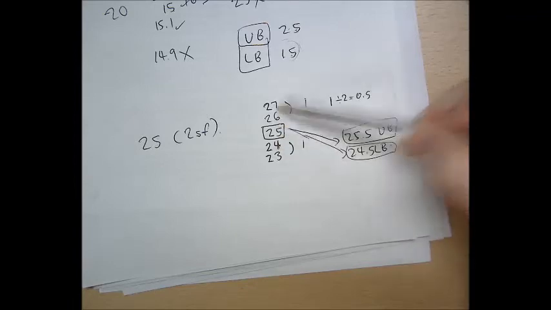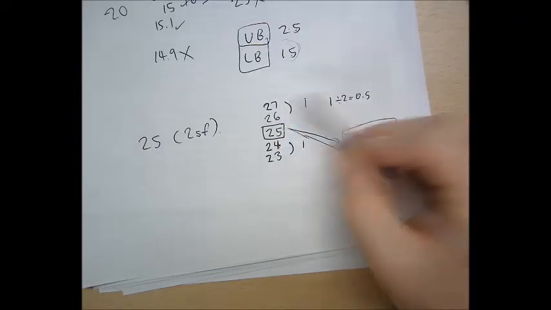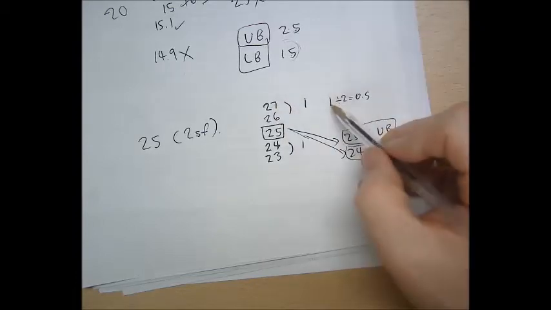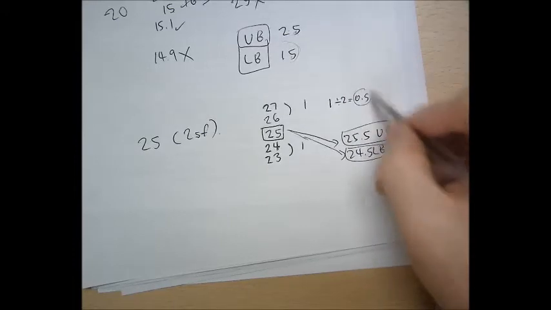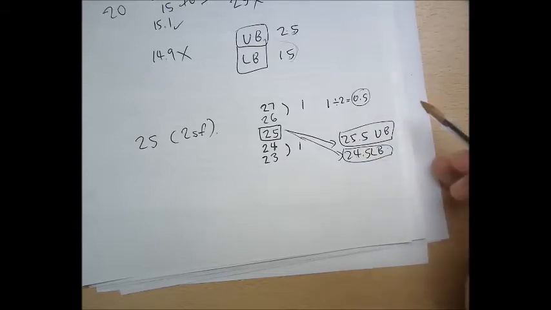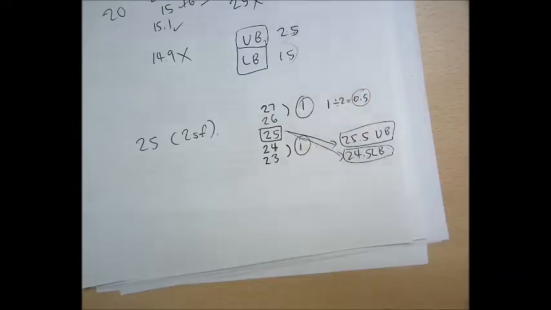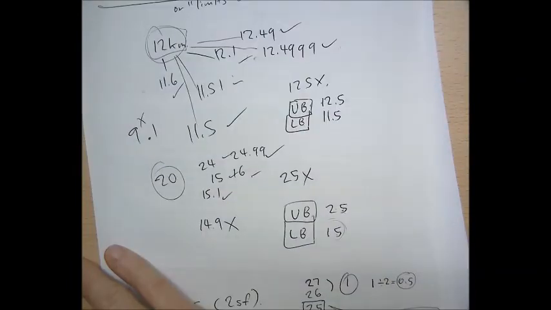When you've got them, subtract any 2 of them, as I've done here. 27 take away 26 is 1. Divide that by 2, and then when you've got that, add it on to the central real figure, take it off from the central real figure, and they're your upper bounds and your lower bounds. Basically what this procedure does is it just helps you think about what the unit of measurement must be. Up here it was probably pretty clear that the unit of measurement was 10 kilometres. Up here the unit of measurement was kilometres. This thing here just substitutes for that.